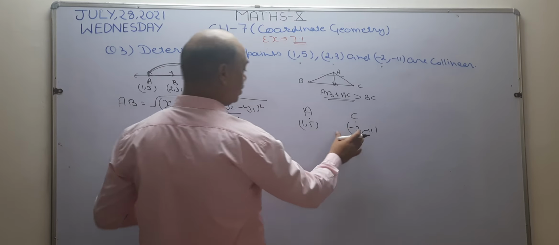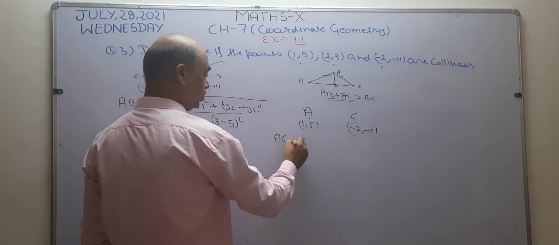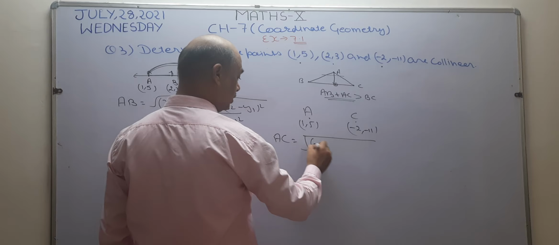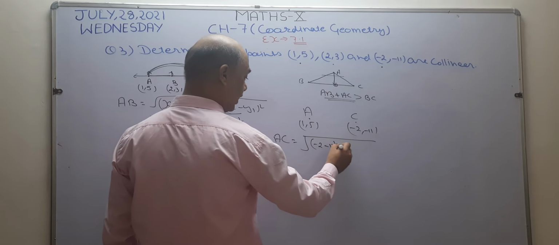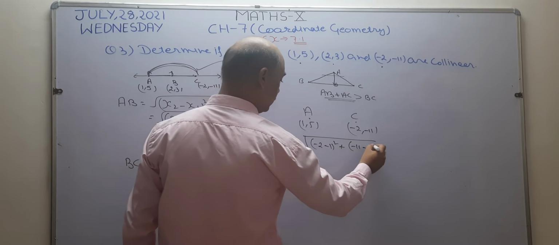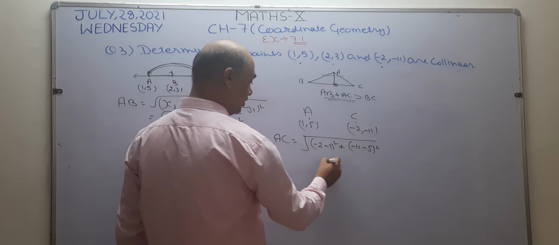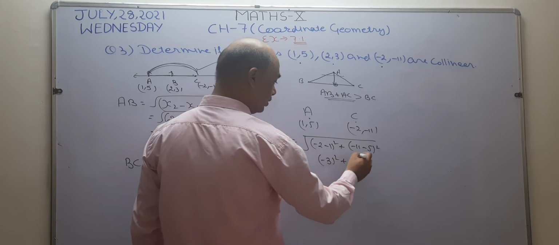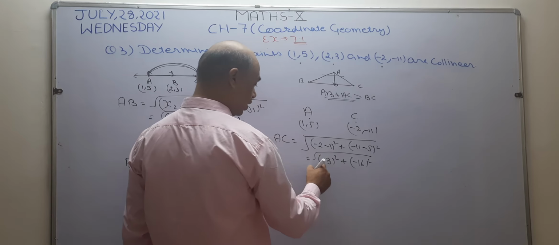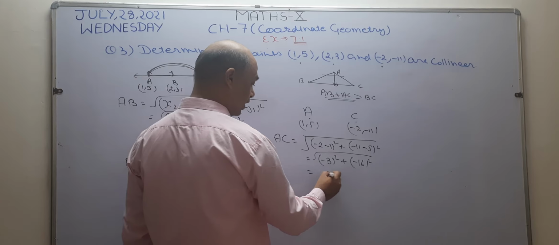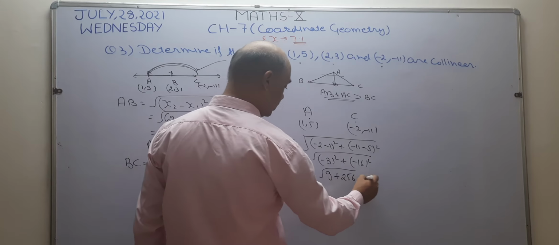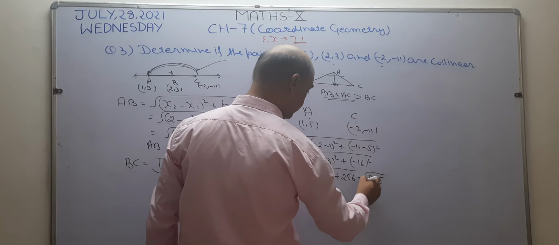Using the distance formula, (x2 minus x1) squared plus (y2 minus y1) squared, this becomes -3 squared and -16 squared. The square of 3 is 9, the square of 16 is 256, 256 plus 9 becomes 265.